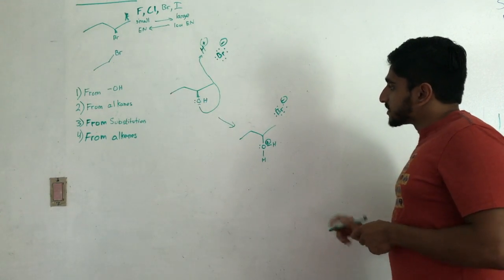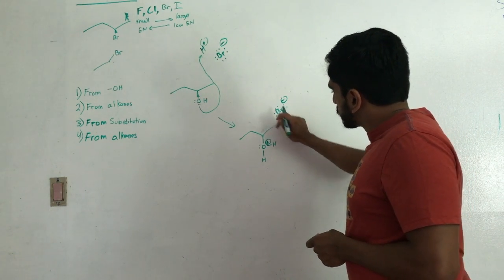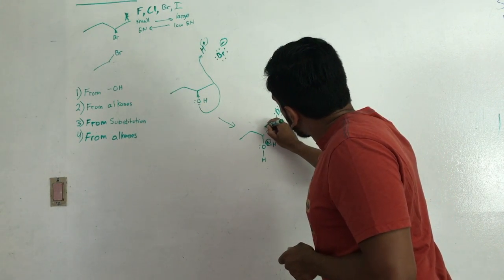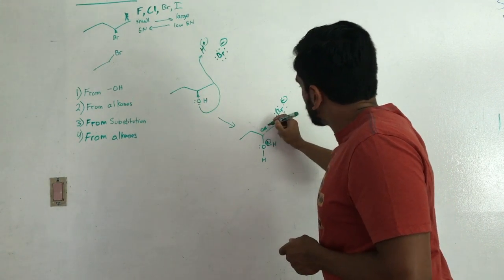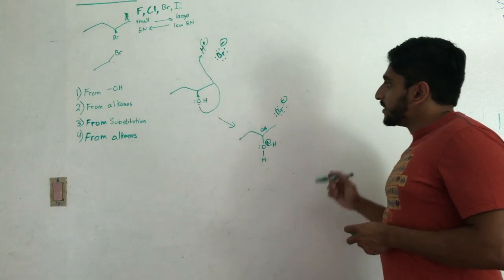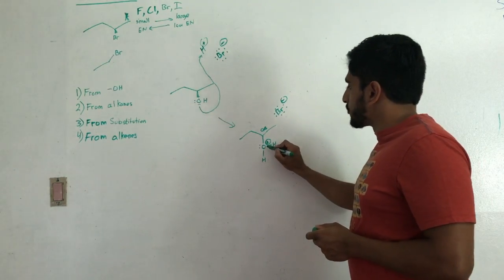So what happens is this bond between this carbon, which is known as, let me draw that a little bit bigger, this is known as the alpha carbon. The alpha carbon to oxygen bond is always going to be polarized towards this group.